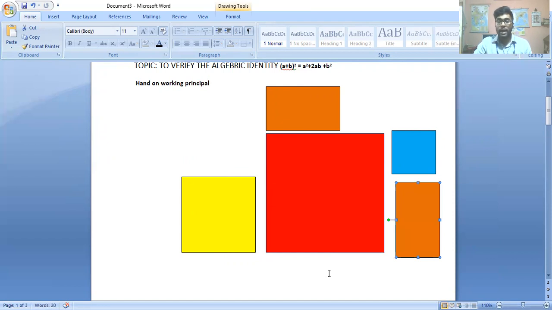Now you are wondering, sir, how would I sew this? So see, you have to glue this portion. Okay, so you need to take 1 square of 6 plus 4, 10 centimeter, 1 square of 6 centimeter, 1 square of 4 centimeter, and one rectangle of length 6 breadth 4, another rectangle of length 6 breadth 4.